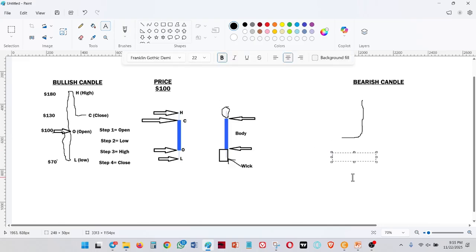The same journey is going to start at what? $100. It started at $100 here. Then it went as high as this level. It went to what level? Let's say it went to $140. It went as high as $140 here.